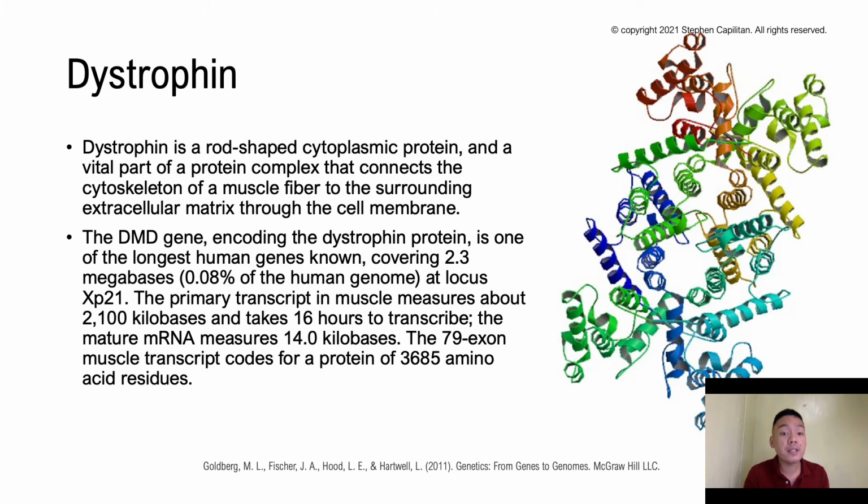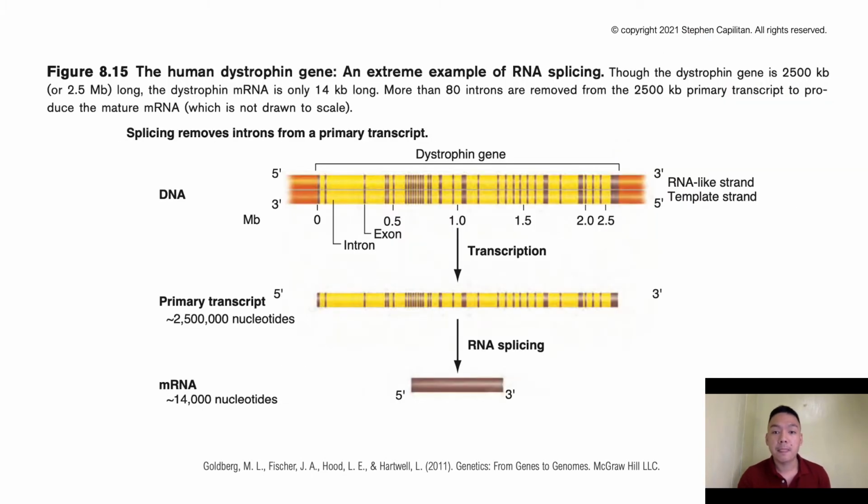The primary transcript in muscle measures about 2,100 kilobases and takes 16 hours to transcribe. The mature mRNA measures 14 kilobases, and the 79 exon muscle transcript codes for a protein of 3,685 amino acid residues.